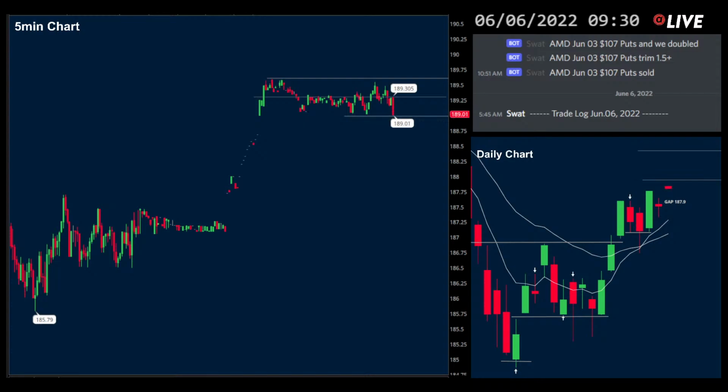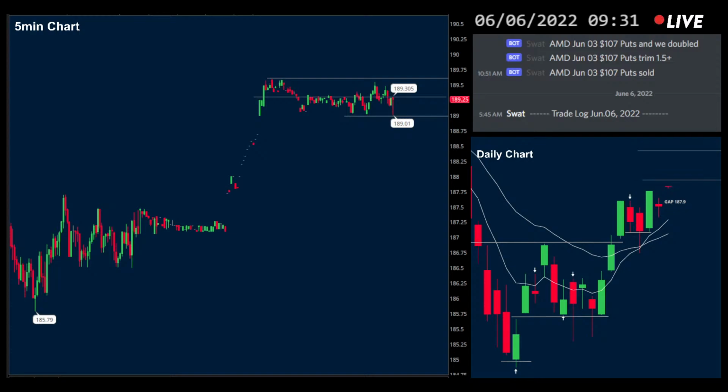IWM some fading. Maybe to fill the gap on IWM. Let's wait to see. Trying to be patient here. NVDA big bounce also. Trying to be patient.